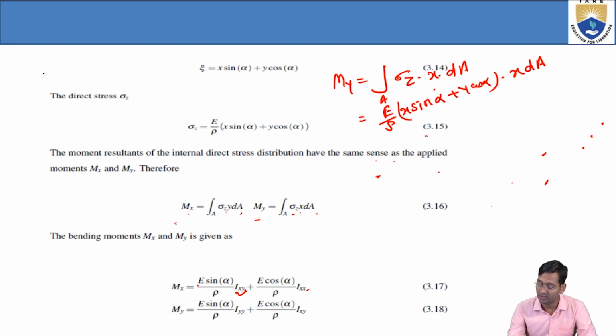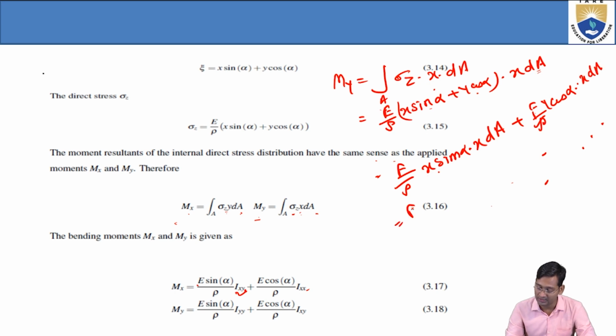First multiply everything out: E by rho x sine alpha into x dA, plus E by rho y cos alpha into x dA.